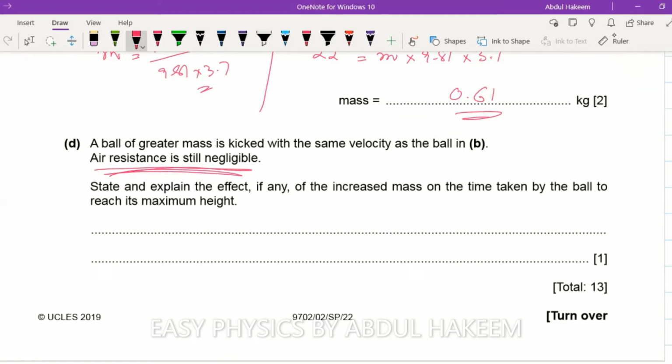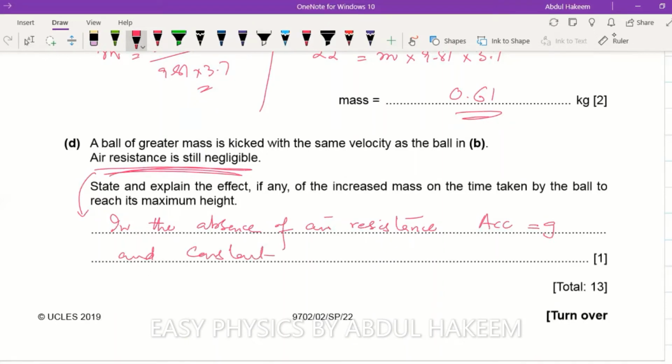When air resistance is negligible, in the absence of air resistance, acceleration is g, which is constant. Thus, no effect on time because the acceleration is constant. For the small mass and the larger mass, the acceleration of free fall is the same in the absence of air resistance, so no effect on the time.